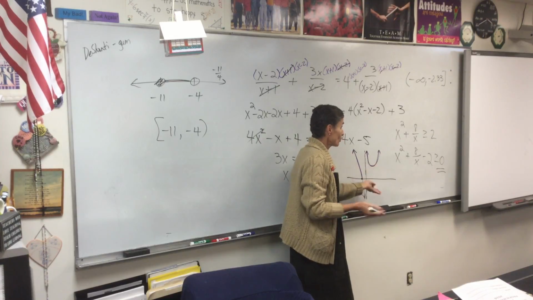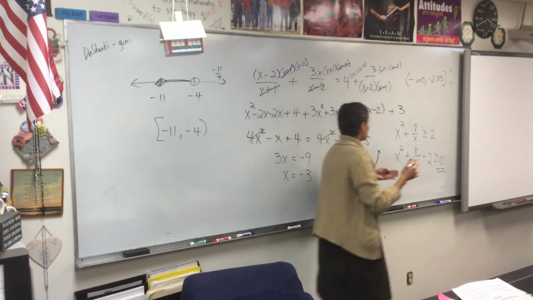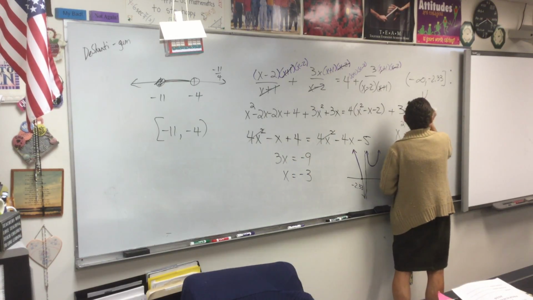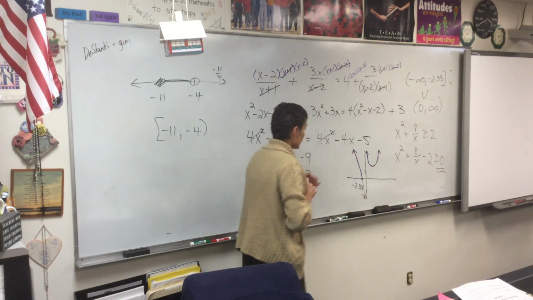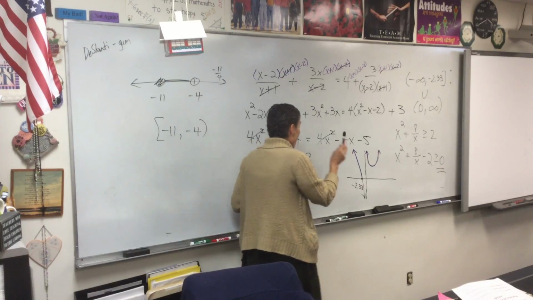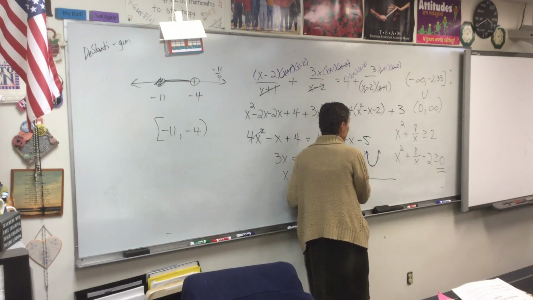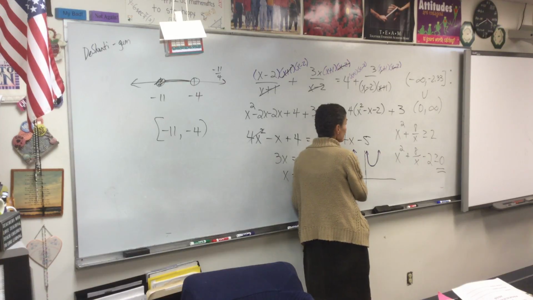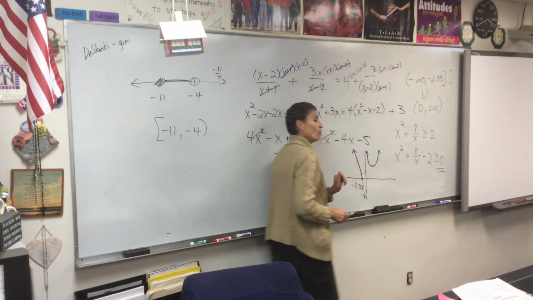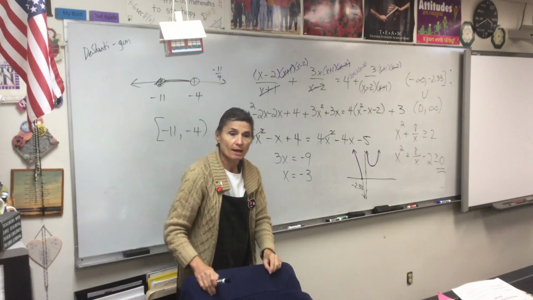Aren't all the values over here above the x-axis? So your other answer would be 0 to infinity. I'm including the 2.33 because that's a closed dot right there. But I can't include 0 because it's an asymptote. It's not a point.